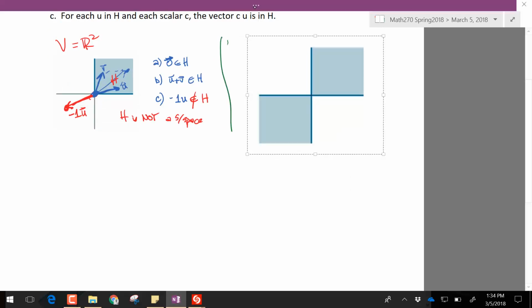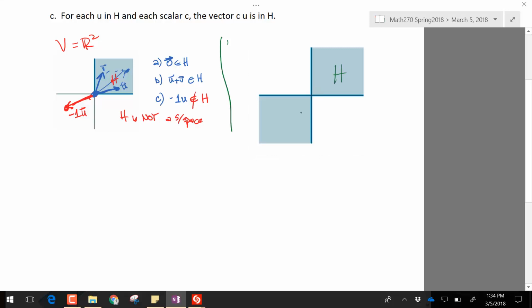So in this particular example, the whole thing is H. So H is a subspace. Zero is included, anything we add will be in H, and then scalar multiply, even the negatives can go backwards.